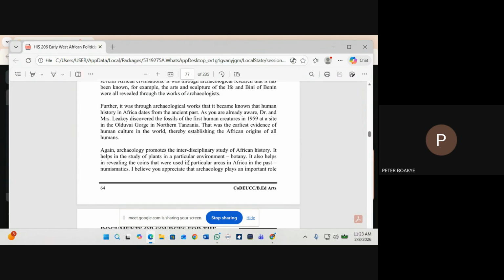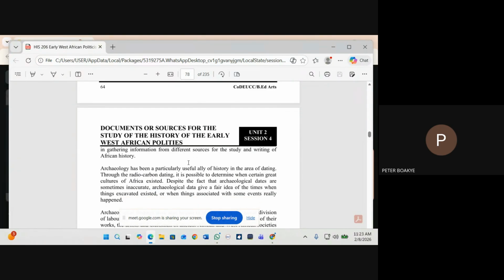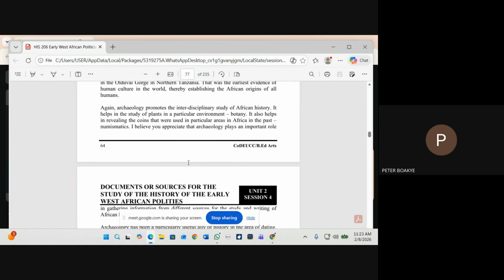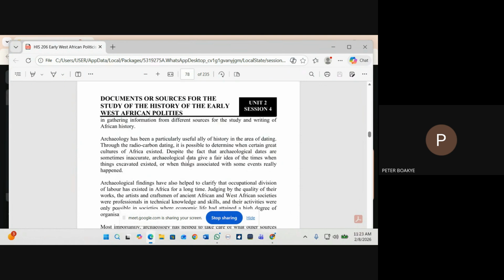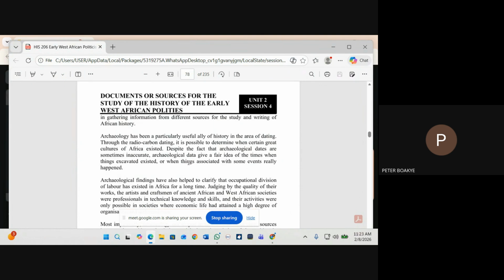Archaeology also promotes the interdisciplinary approach to the study of African history. It helps in the study of plants in a particular environment, okay, botany and all that. It also helps in revealing the coins, that is numismatics. So through archaeology, we're able to consult other relevant disciplines when we come across them in the excavation.